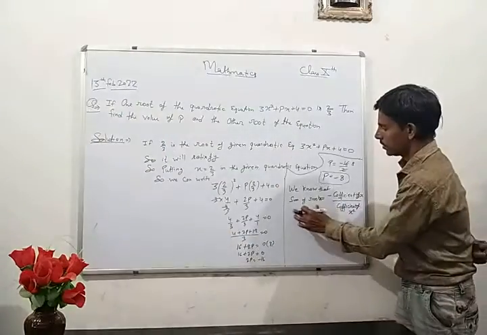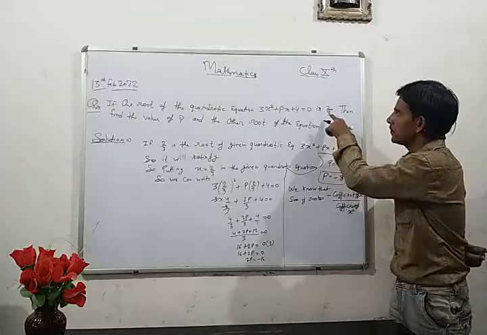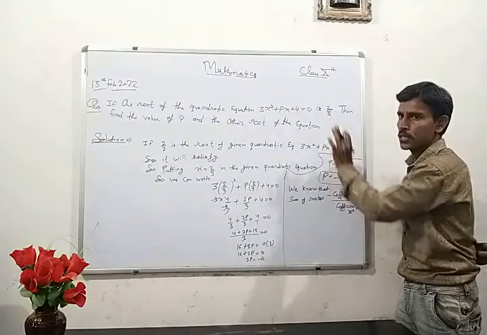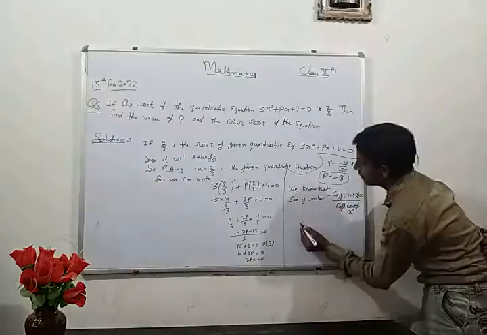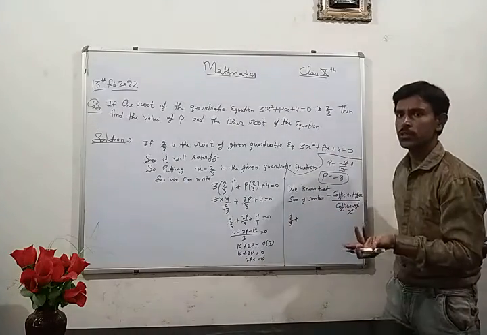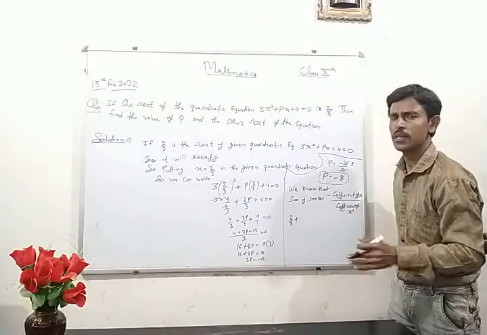Now from where can we take the sum of roots? One root, 2/3, is given to us in the question. So we take the first root 2/3, and since we do not know the other root, we write it as alpha.